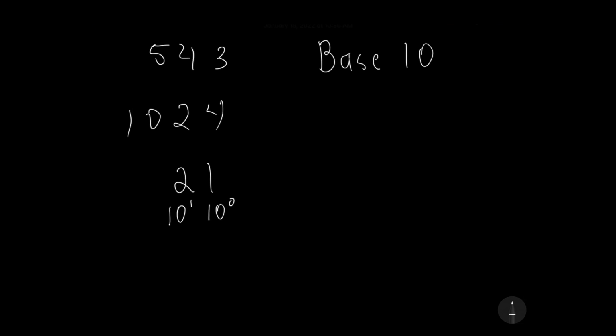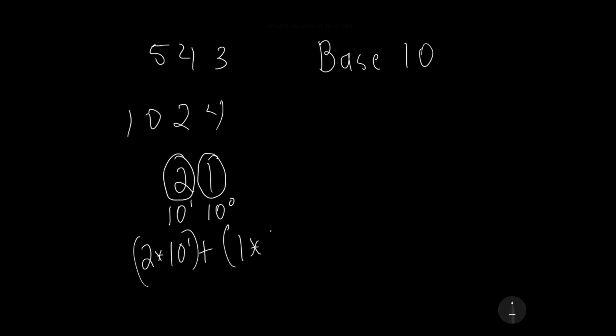To get 21, we take this digit, 2 times 10 to the power of 1, plus this digit, 1 times 10 to the power of 0. So it's giving us 20 plus 1 equals 21.